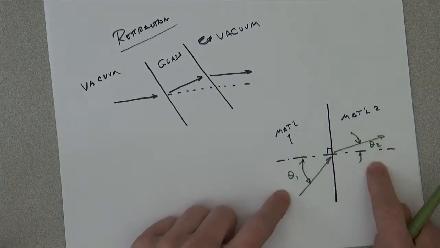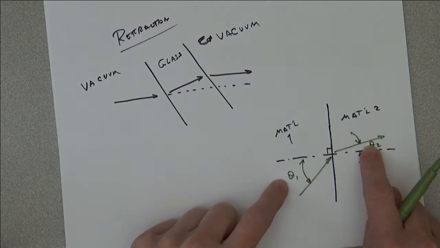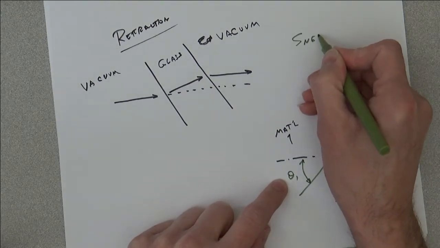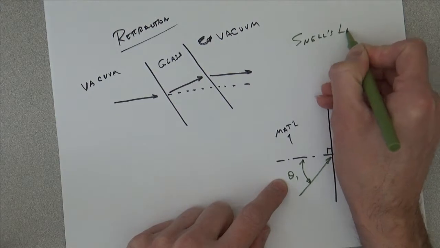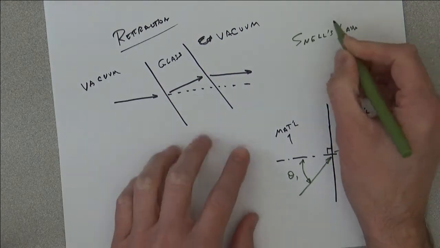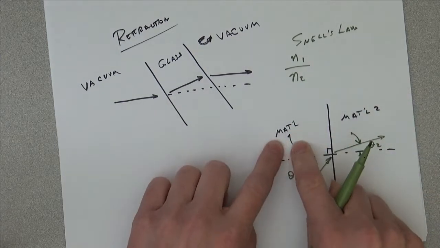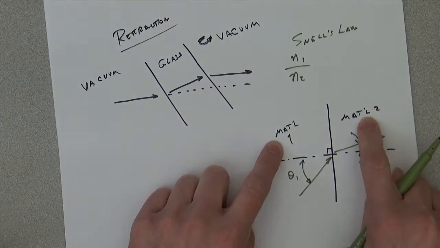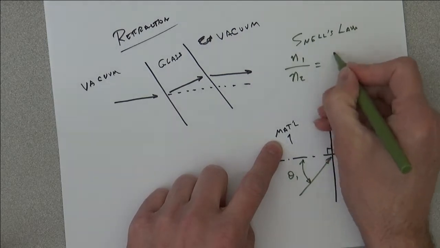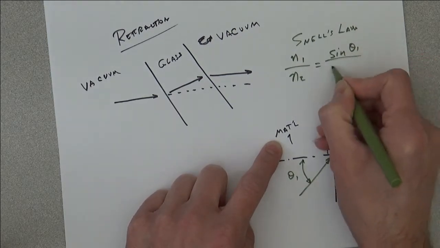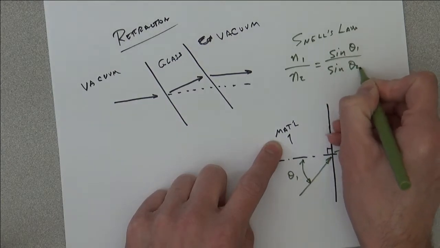The angles here are related by what's called Snell's law, which is that N1 over N2, where N1 is for material 1 and N2 is for material 2, is equal to sine theta 1 over sine theta 2.